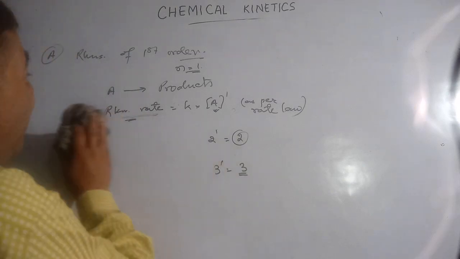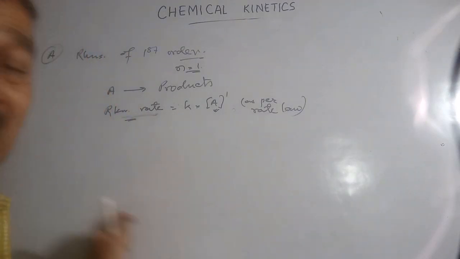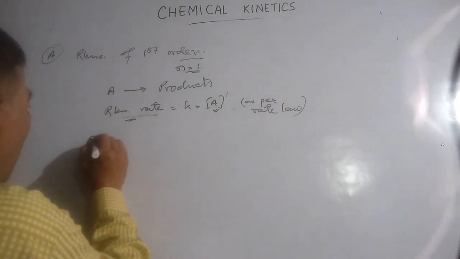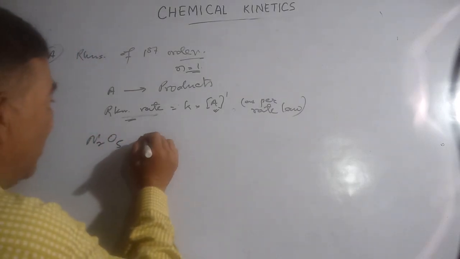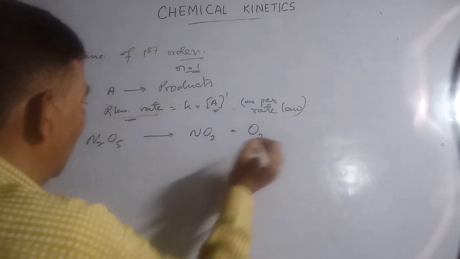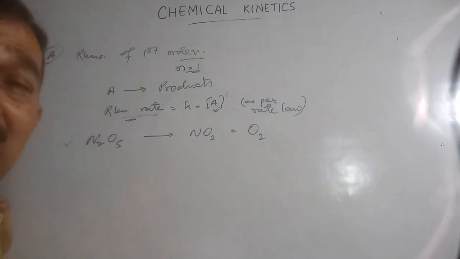Examples: the thermal decomposition of N2O5 gives NO2 plus O2. This is a first order reaction.